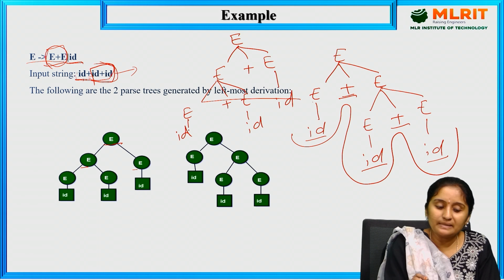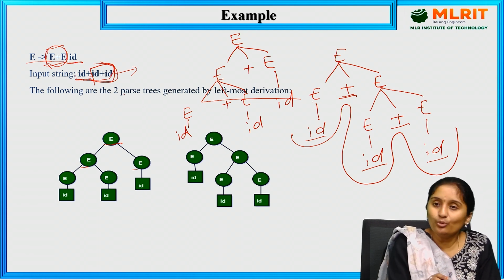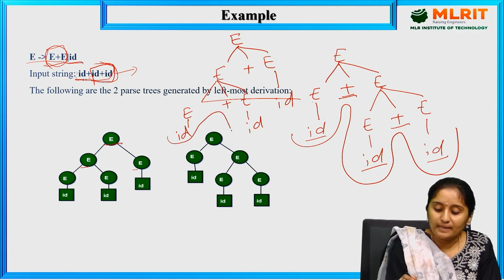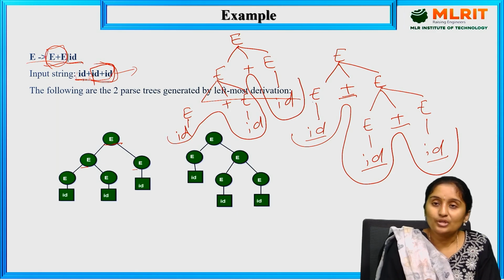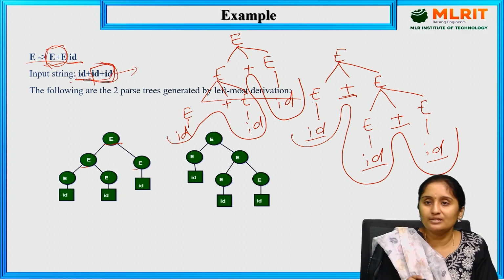How am I replacing? E produces E plus E or ID. My string has two plus operators, so I got two plus operators and I am replacing this E with ID. So ID plus ID plus ID. I have generated two different parse trees for the same string, so I can tell that the given grammar is also ambiguous.